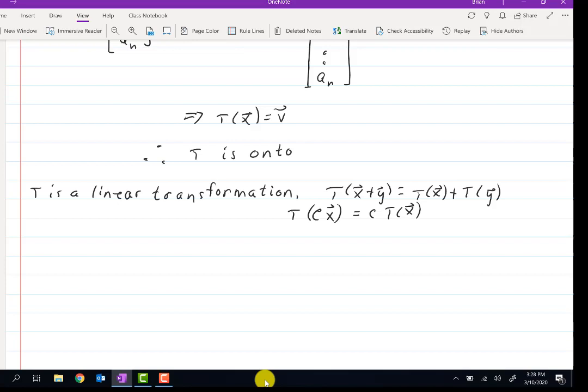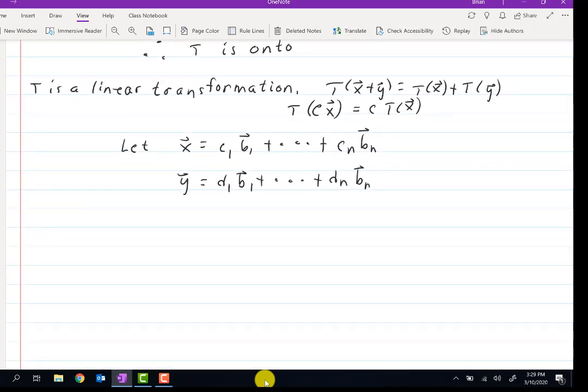So what we can do is let x equal c1 b1 plus up to cn bn, and y equals d1 b1 plus up to dn bn.